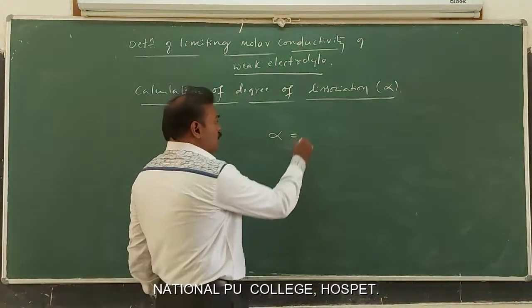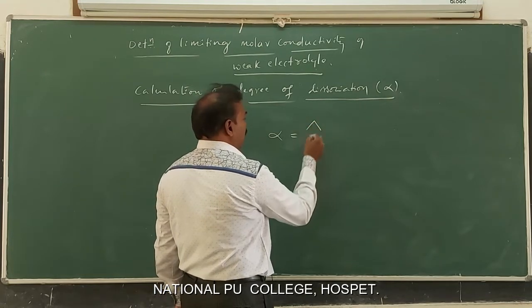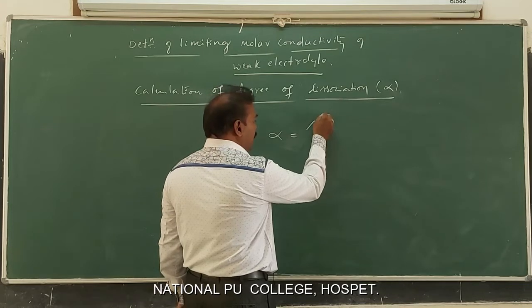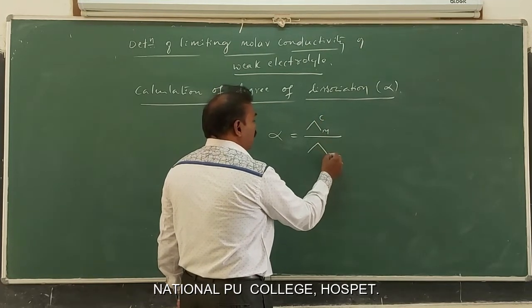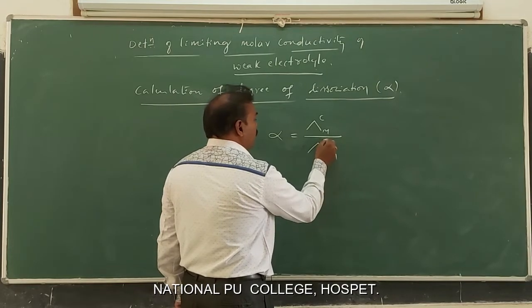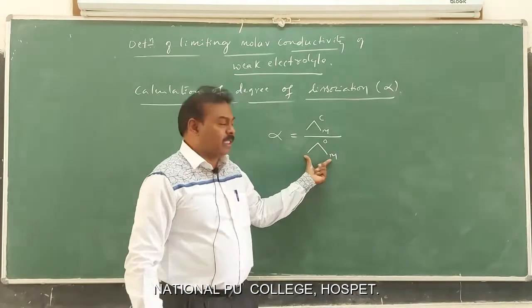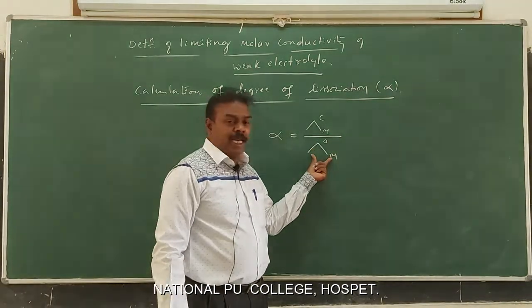Degree of dissociation is equal to the molar conductivity of an electrolyte at any given concentration divided by the molar conductivity of the electrolyte at infinite dilution. This is the notation used for the molar conductivity of an electrolyte at infinite dilution.